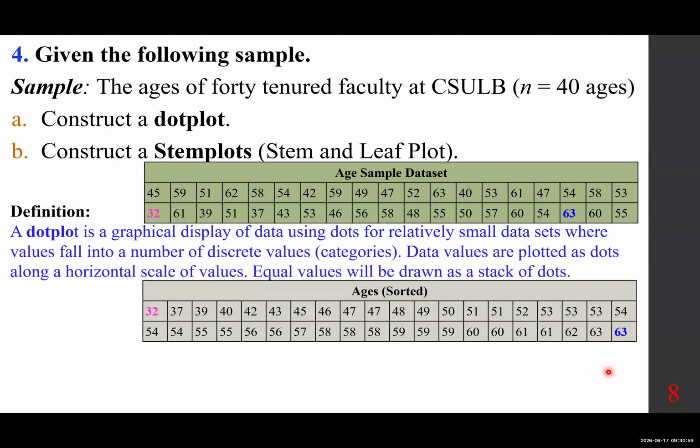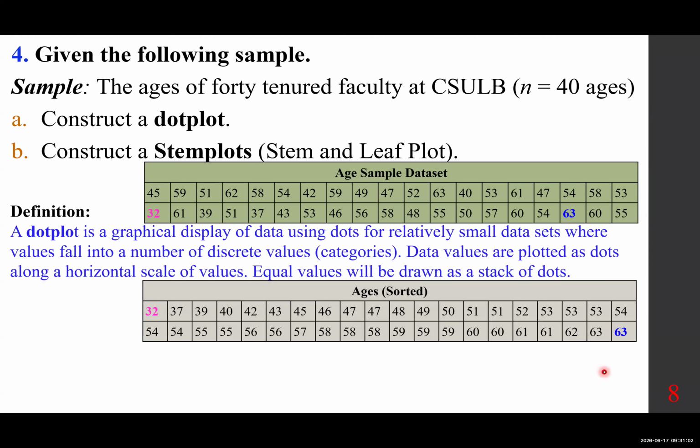So we come up with a number line, maybe from 30 to 65, or from 30 to 70, or even from 0 to 100. Either way, some sort of number line. And we start working on number 32.